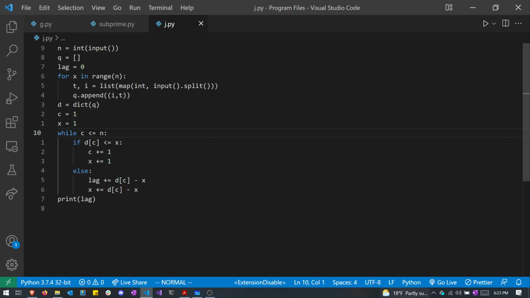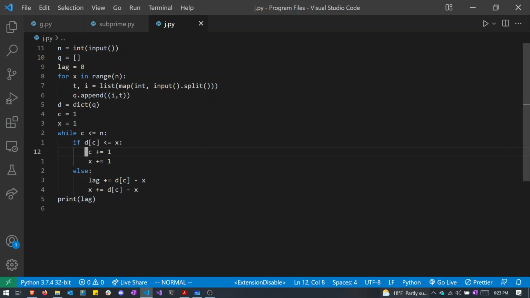These are both initialized to 1 because the problem does that also. But basically, until you've read through all of the packets, you check to see if the time that the current packet was sent was less than or equal to the current time, which means if you're at a certain amount of time and your current packet is available.